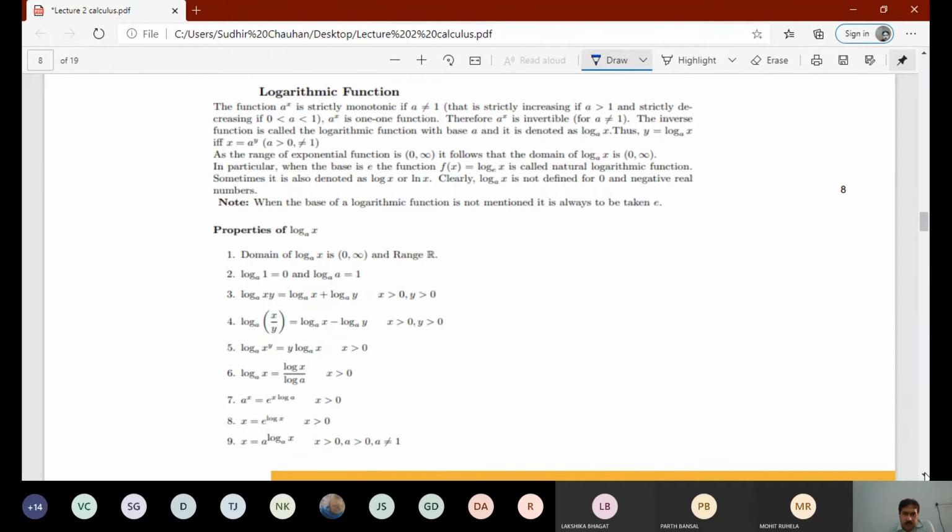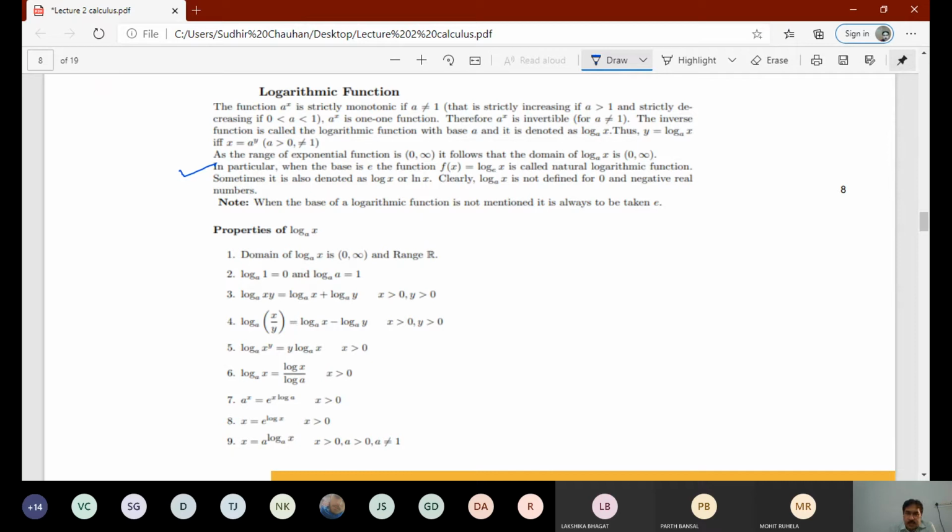So now as the range of exponential function is 0 to infinity, it follows that domain of log x is 0 to infinity. And in particular, when the base is e, the function f(x) is equal to log x base e, it is called natural logarithmic function. Sometimes it is also denoted as log x or ln x.